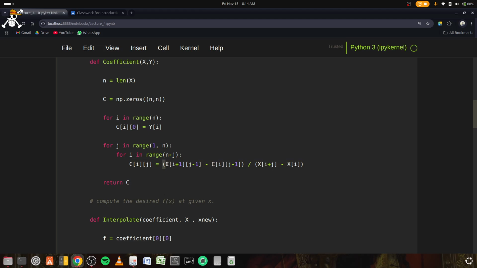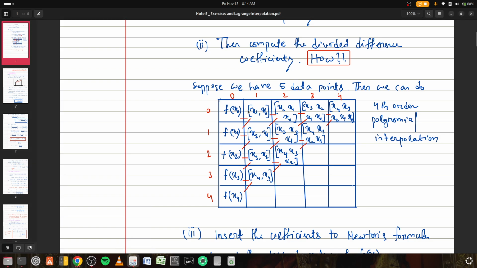And what is this value? This value is telling you that this quantity here, x1 x0, is the difference f of x1 minus f of x0, divided by x1 minus x0.